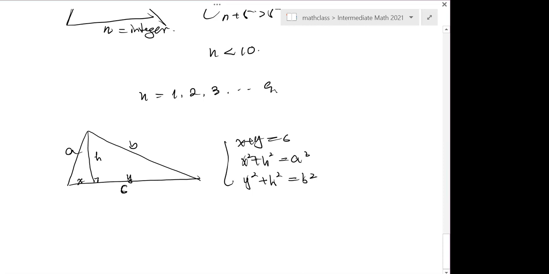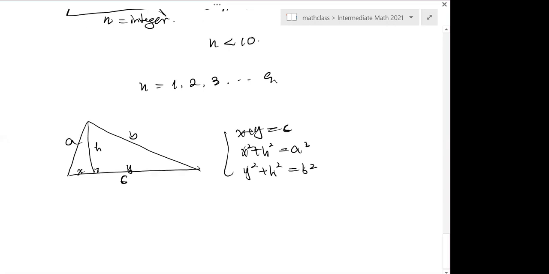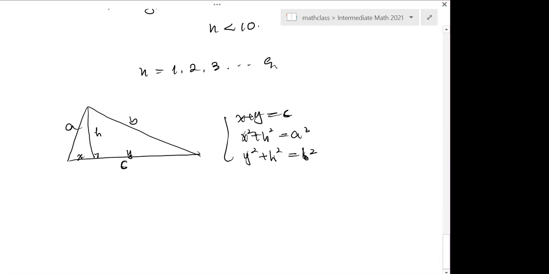If you are good in algebra, you are able to solve for x, y, h from these equations. Now you can try it at home. Solve it for x, y, and h.